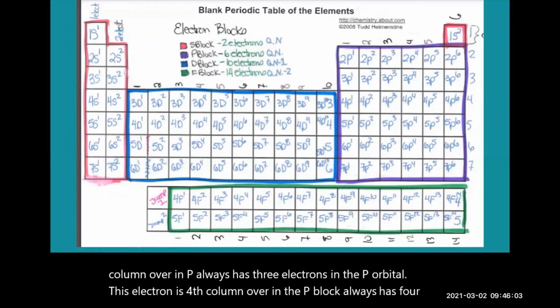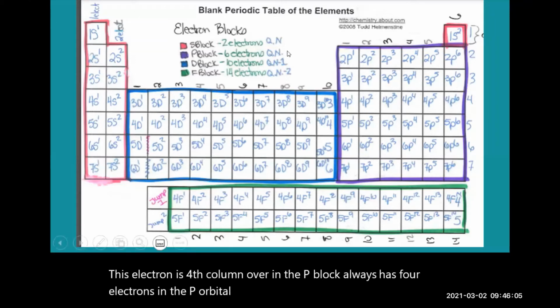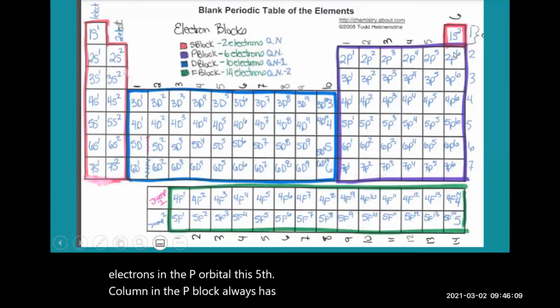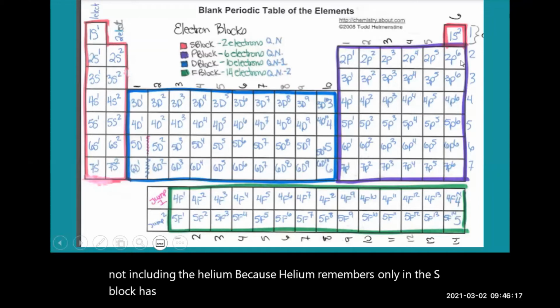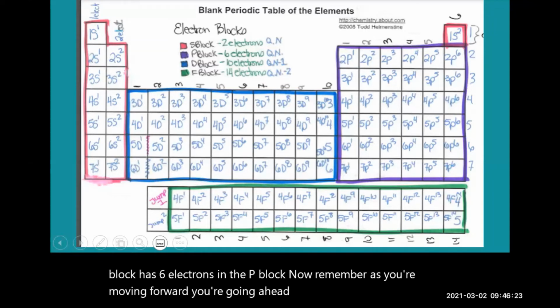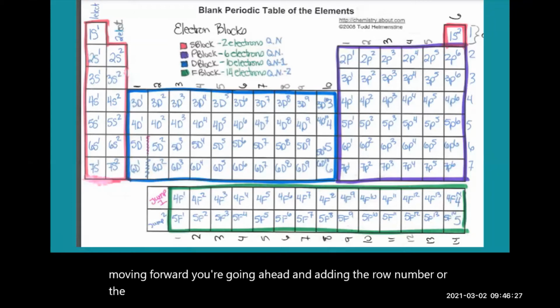This fifth column always has 5 electrons. And the sixth column, not including the helium, because helium, remember, is only in the S block, has 6 electrons in the P block. Now, as you're moving forward, you're adding the row number or the quantum number in front of your S's and P's.